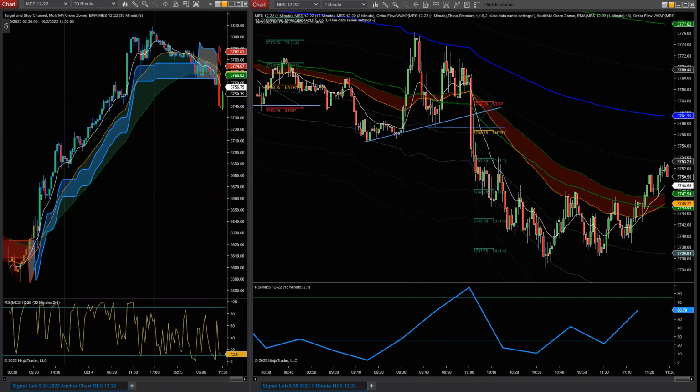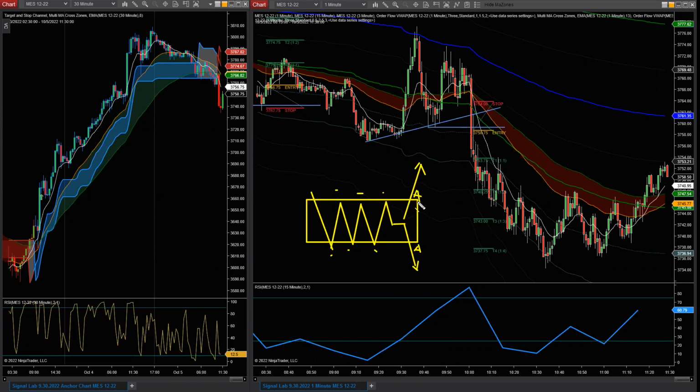So when the market does break out of a pattern, if you see some type of chart pattern, typically what you'll see is here's 1, 2, 3, 1, 2, 3. At this point, it's getting ready to go either up or down, because this will be the fourth test to the upside.